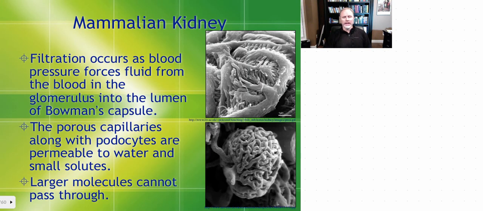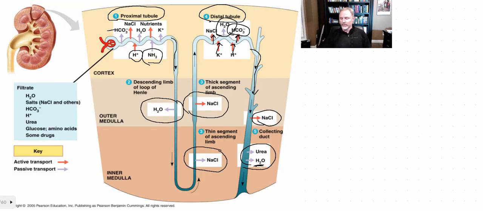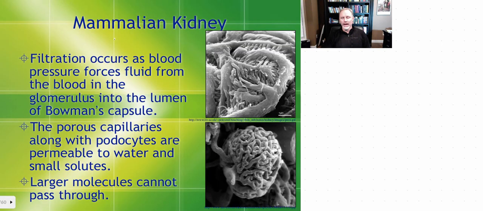And then in the glomerulus, this portion right here, the red thing, if we were to look at it with an electron micrograph, it looks like this bottom figure right here. If we blow up that bottom figure a little bit more, what you basically have are those capillaries, and then you've got these things called podocytes.